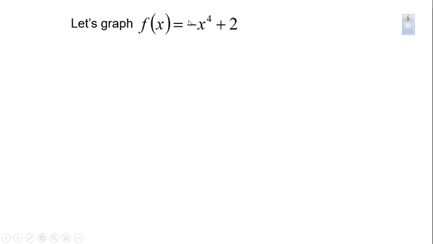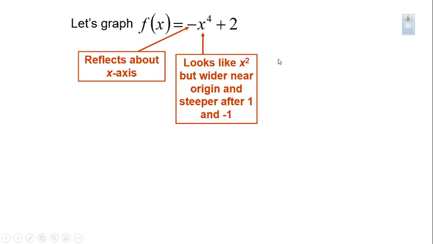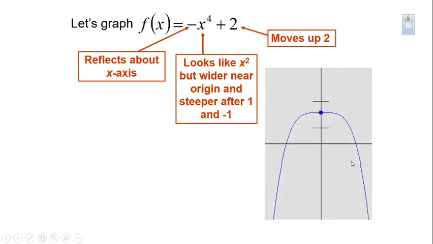Of course, multiplying by -1 means we're reflecting it about the x-axis, sorry, not the y-axis. And then we're going to add 2, so we're going to shift the graph upward 2 units. So it was a graph that opened upward, then we've reflected over the x-axis and then shifted upward 2 units. So there we have it. That's the graph of f(x) = -x^4 + 2.